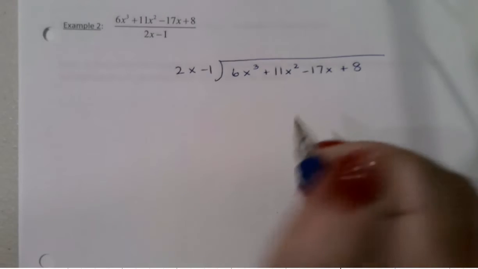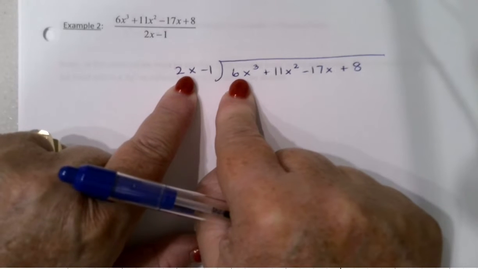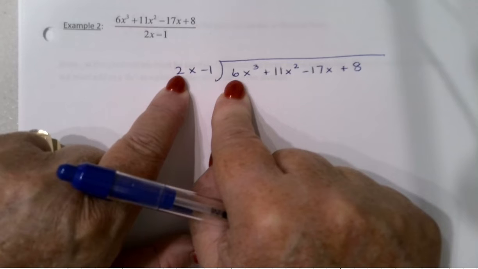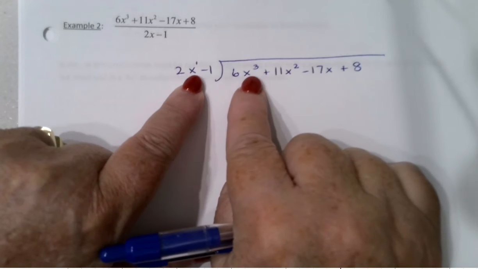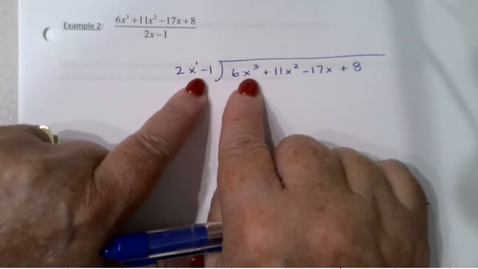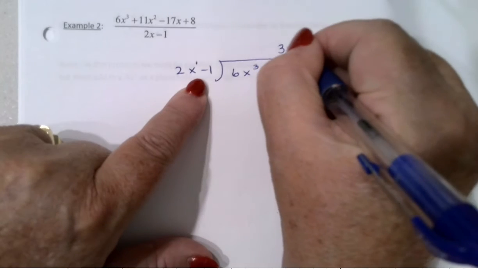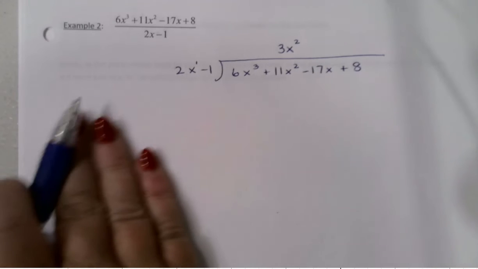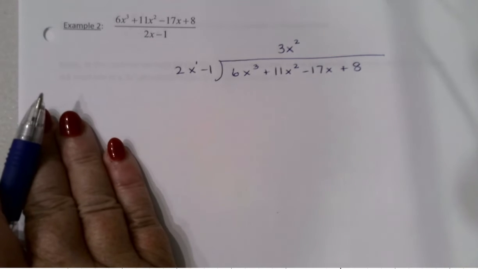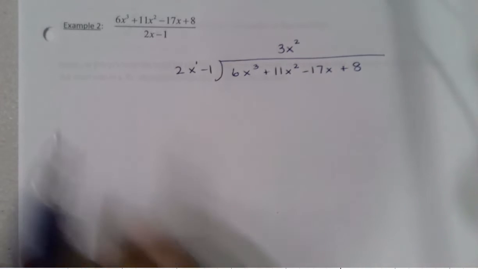So I start with the division. 6 divided by 2 would be 3, and x to the third divided by x to the first is going to be x squared. So 3x squared. I'm going to go ahead and do my multiplication, but rather than writing it off to the side, I'm just going to see if I can kind of do a little bit more work mentally this time.